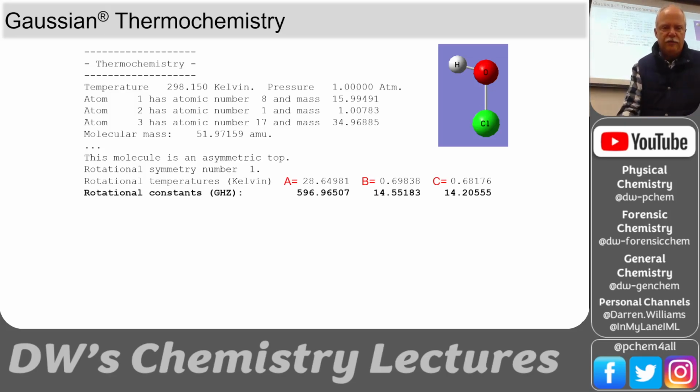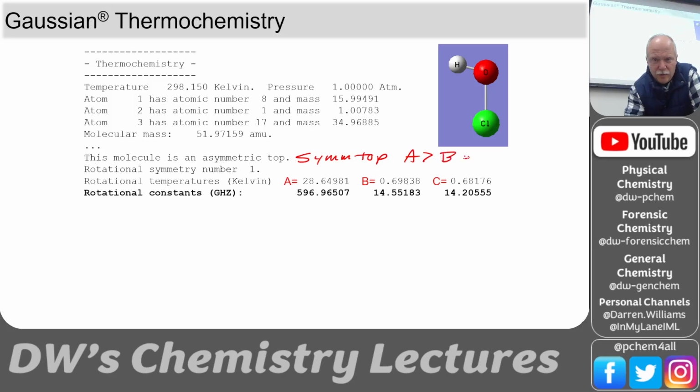A symmetric top would have things like, for a symmetric top, A would be greater than B and B would be equal to C. So that would be for a skinny top.